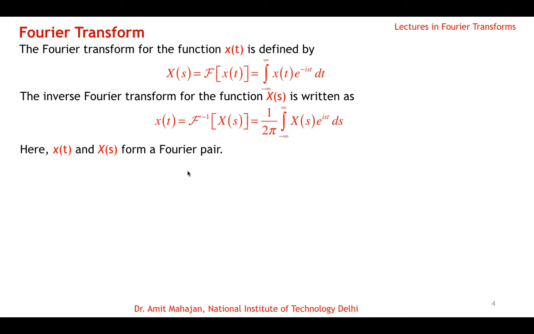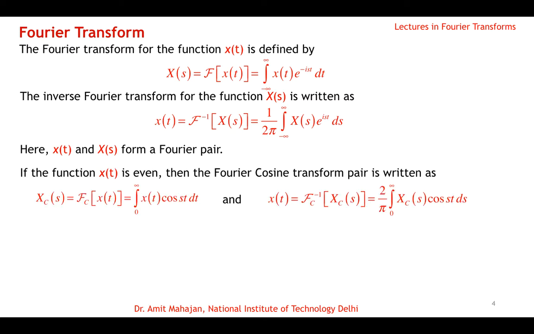Also, in Fourier series we have seen that we can find the Fourier series in terms of cosine and sine functions. Similarly, in Fourier transform we can find the Fourier cosine transform and sine transform, depending upon whether you are given an even function or an odd function. If the function x(t) is even, then the Fourier cosine transform pair is written as this.